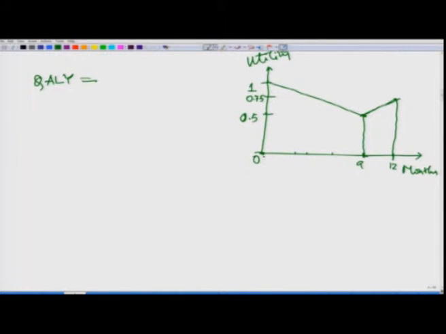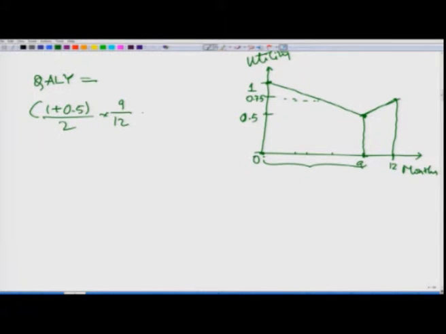Any time during these 9 months, my average utility will be 1 plus 0.5 divided by 2, like the average utility in the 4.5th month, into 9 by 12.